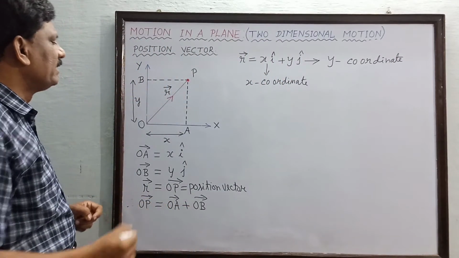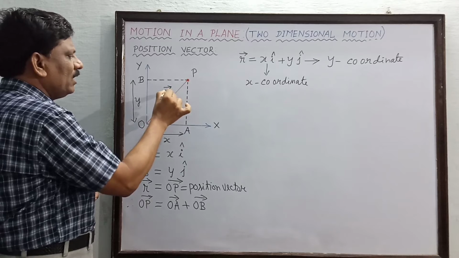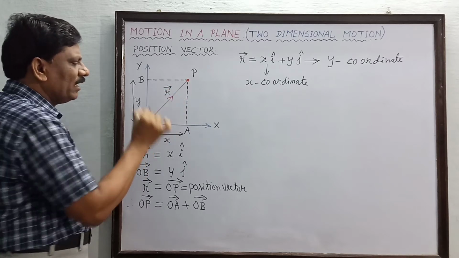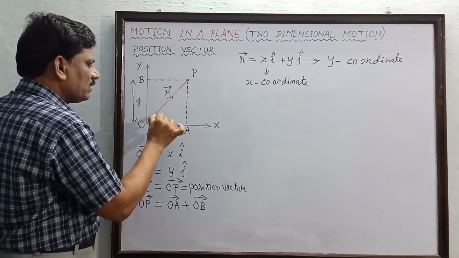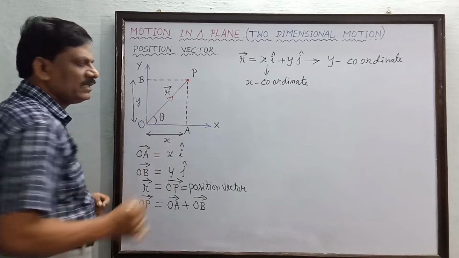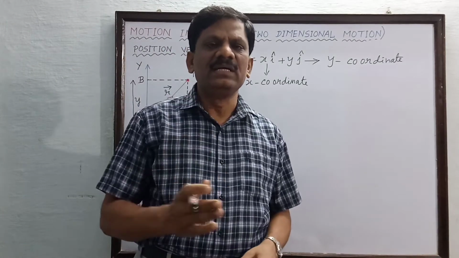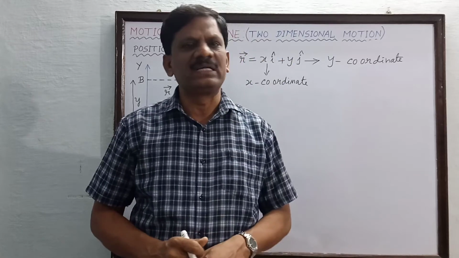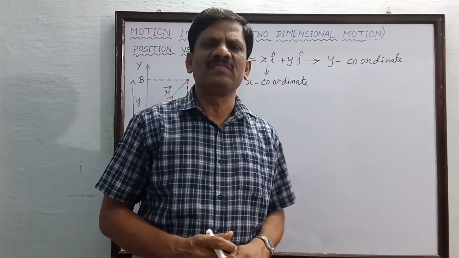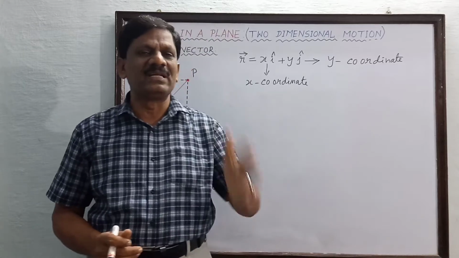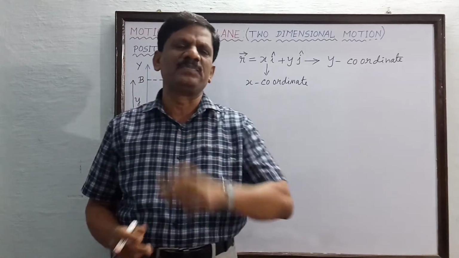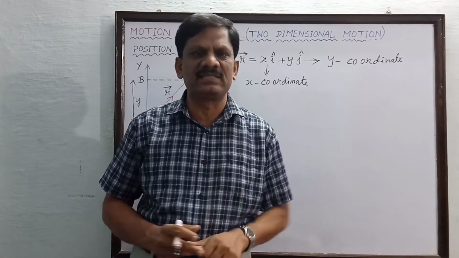Now you can see that vector R is making some angle with the horizontal. So that angle is denoted as theta. So the value of theta gives the direction of the position vector. Always the direction of the position vector or the direction of the resultant vector must be expressed with reference to the x-axis only.